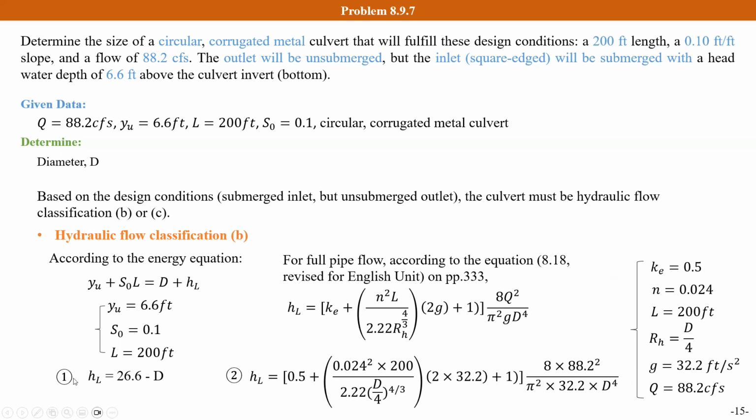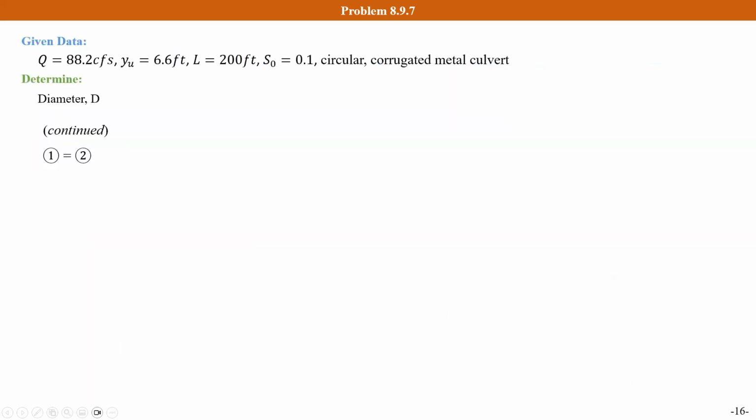Because both equation 1 and 2 represent the head loss, equation 1 should equal equation 2. Then we can get the value of the diameter. It equals 2.75 feet.